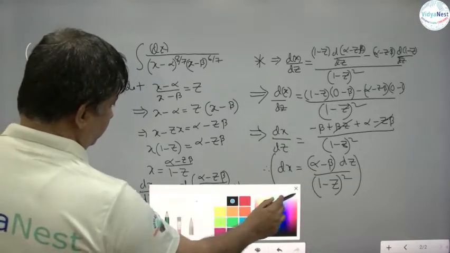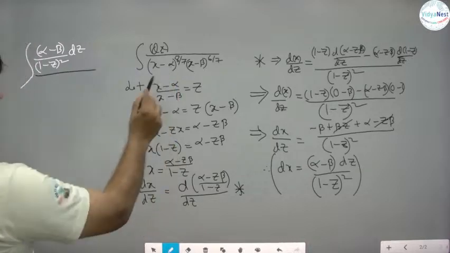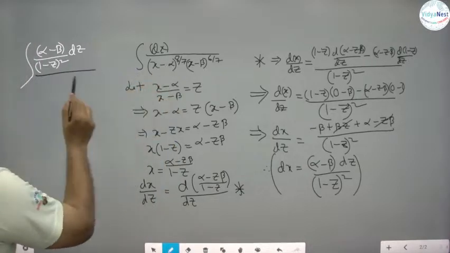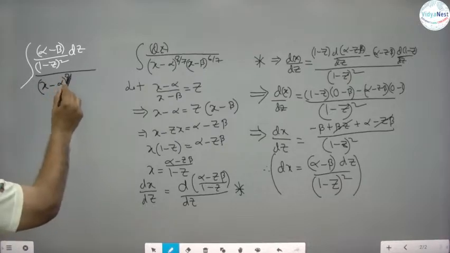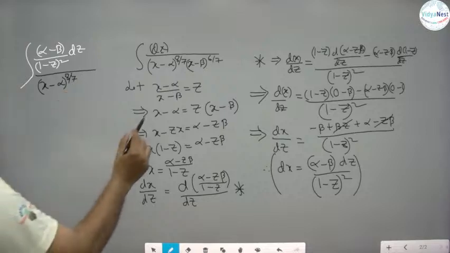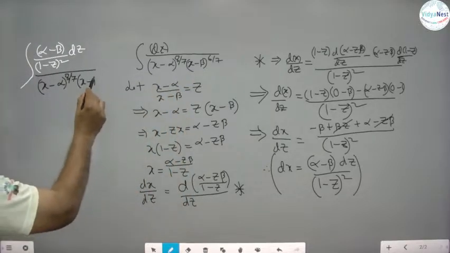see, x minus alpha to the power 8 by 7 and x minus beta to the power 6 by 7.